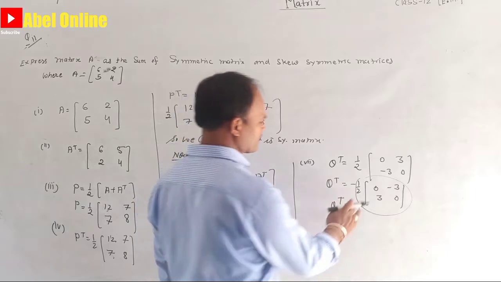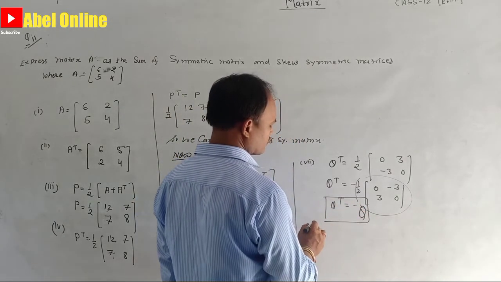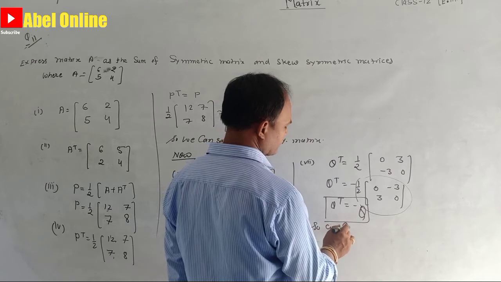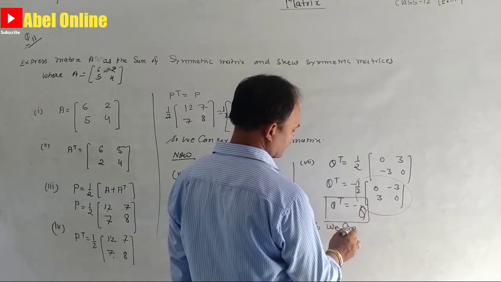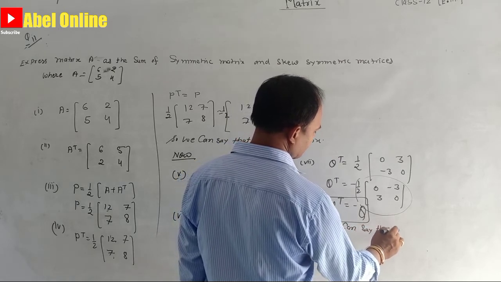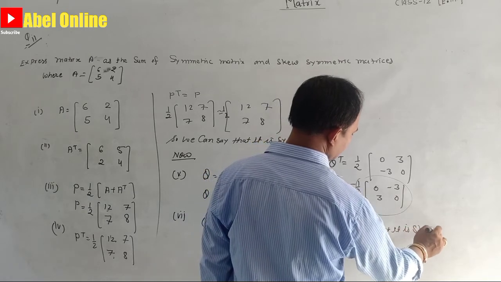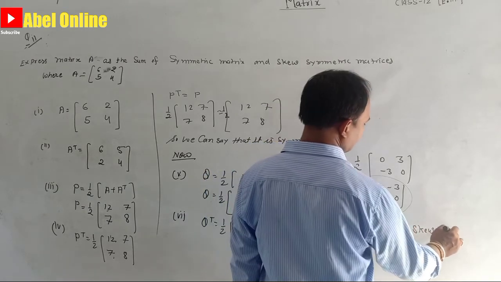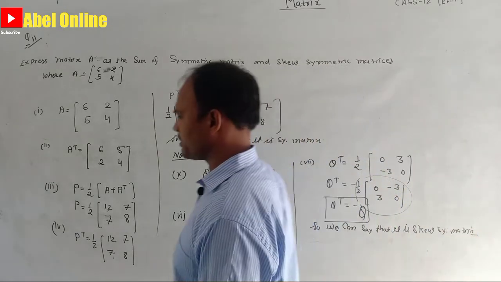So we can say that it is Q. So Q transpose is equal to minus Q. So we can say that it is a skew symmetric matrix.